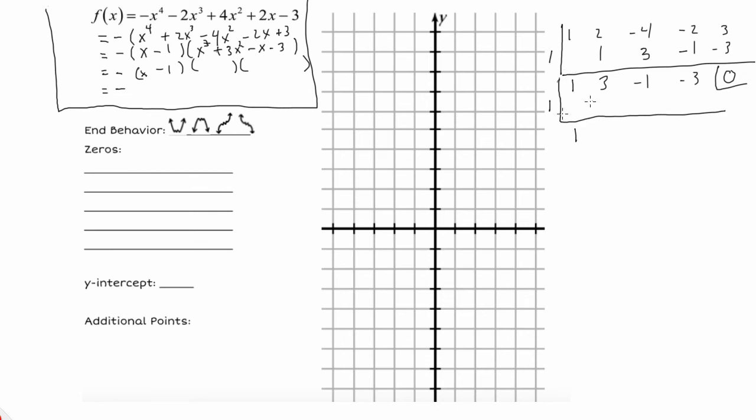1 times 1 is 1. We get a 4. And this might work. Let's see, we get a 4. We get a 3. Yep. All right, good. Perfect. First 2 shots, we get 2 good answers. And this one's going pretty well. So this one is also an x minus 1. And then the other factor comes right from here.